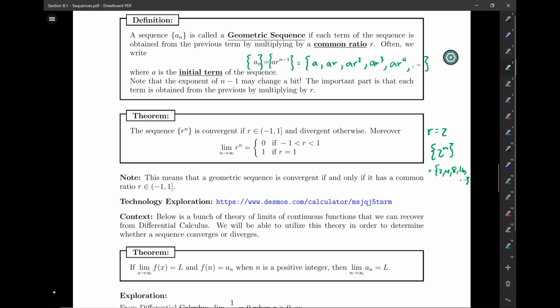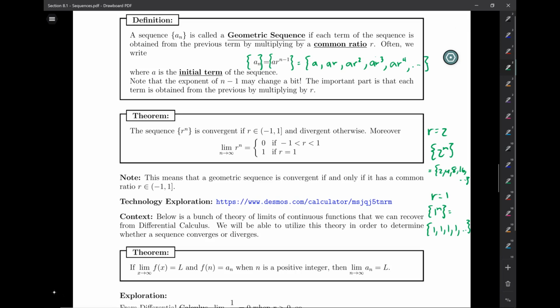If r equals +1, on the other hand, you would get the sequence 1 to the n. Now, the thing about 1 is that it to any power is going to give you 1. So this creates the very boring sequence, 1, 1, 1, 1, dot, dot, dot. And this sequence definitely converges because not only does it get closer to 1, it doesn't really get closer to 1, it is 1 all the time.